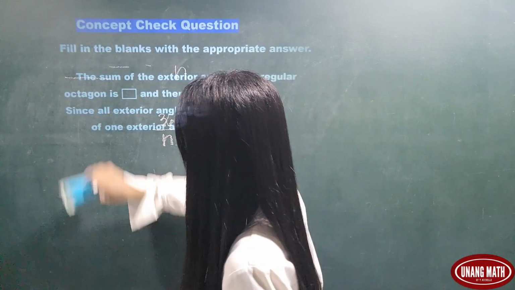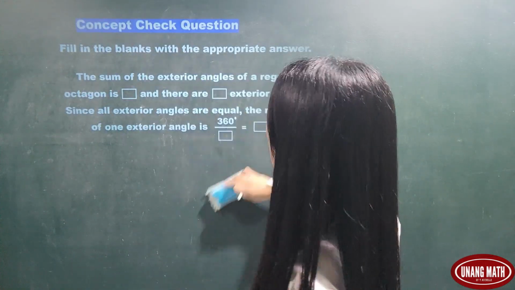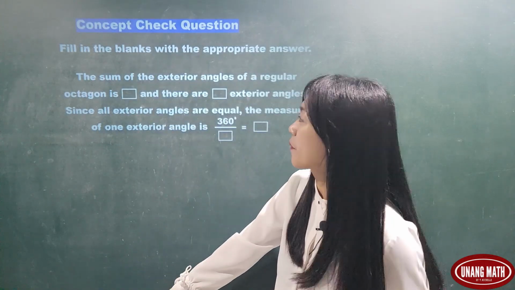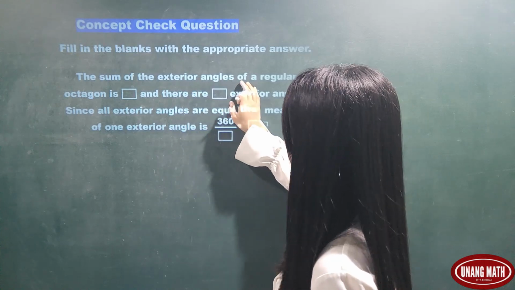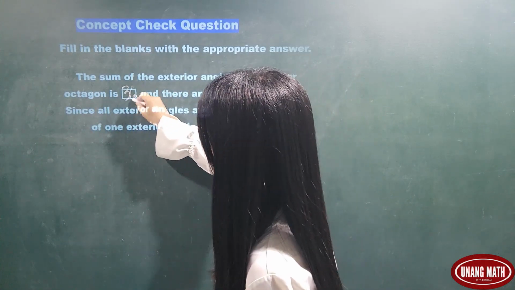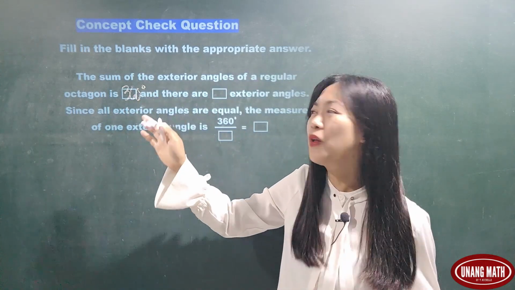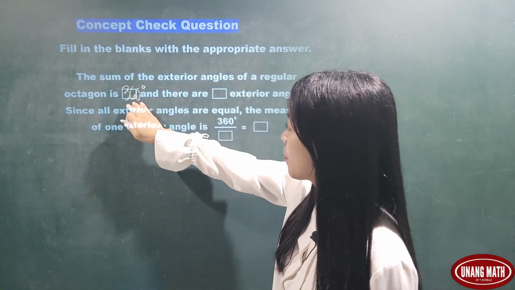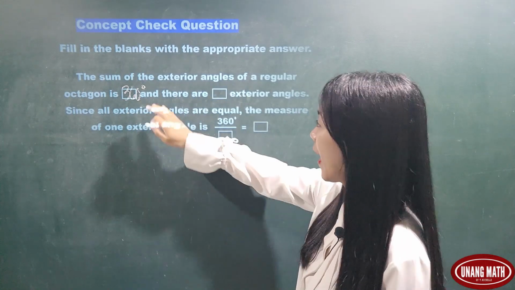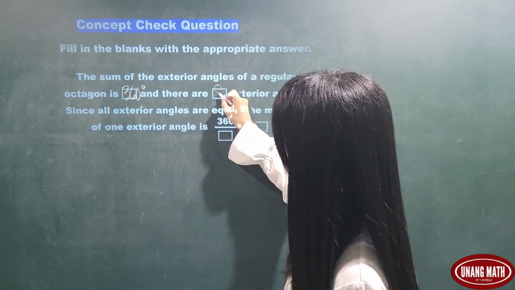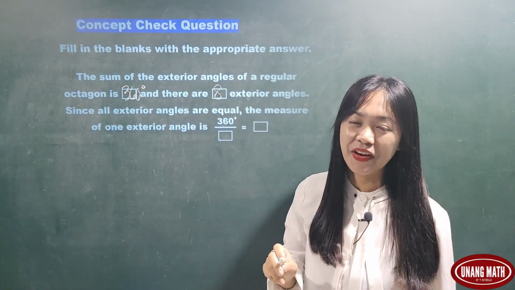This time, let's answer this concept check question. Fill in the blanks with the appropriate answer. The sum of the exterior angles of a regular octagon is 360 degrees, or for all polygons the sum of the exterior angles is equal to 360 degrees. And there are blank exterior angles. So there are 8 exterior angles.